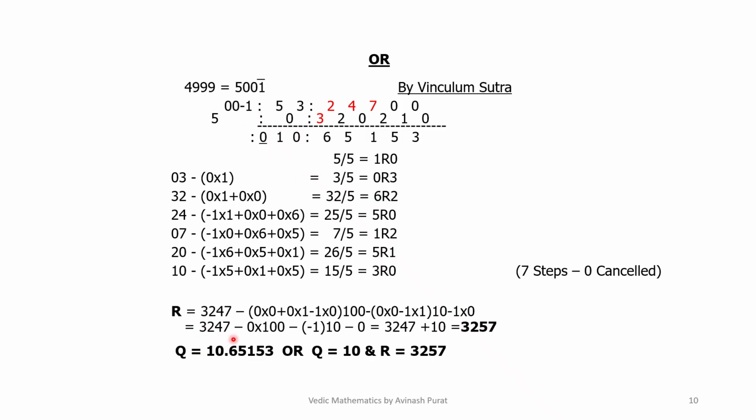So 3247 minus 0 into 100 minus 1 into 10 minus 0, that is plus 10. So 3247 plus 10 is 3257. The quotient is 10 and the remainder is 3257.